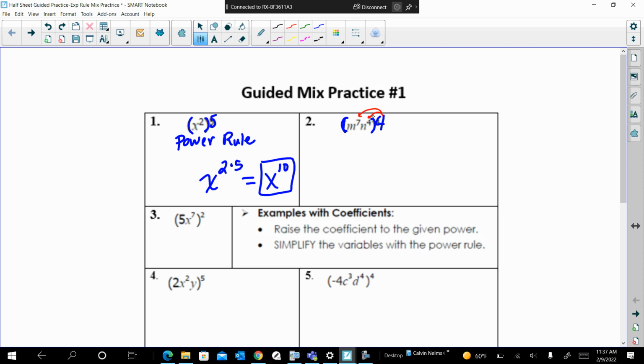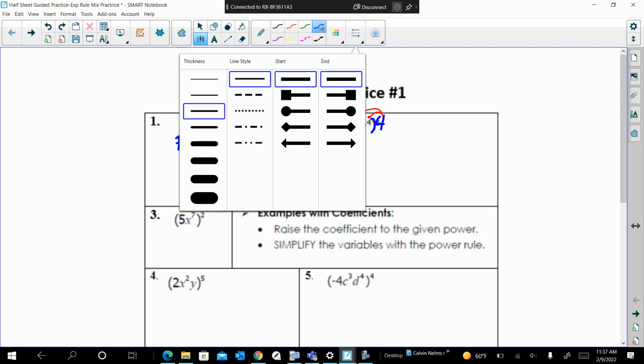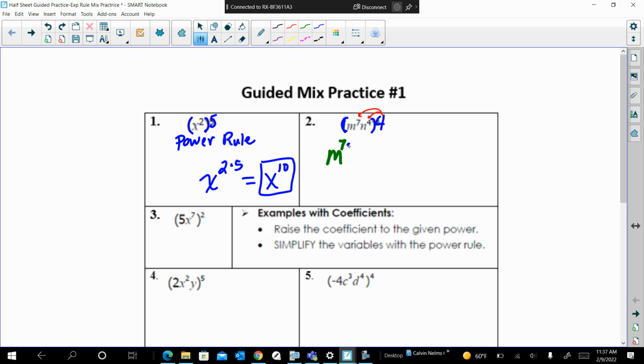The first letter we have is the M. It has an exponent of 7. Then I'm going to multiply it times that 4. Then I go to the next letter, which is the N. It had an exponent of 4, and then I'm going to multiply it times the 4. So it's like distributing the exponent to each variable. So you're using the power rule on each letter.